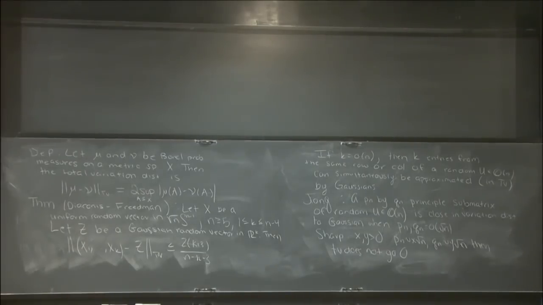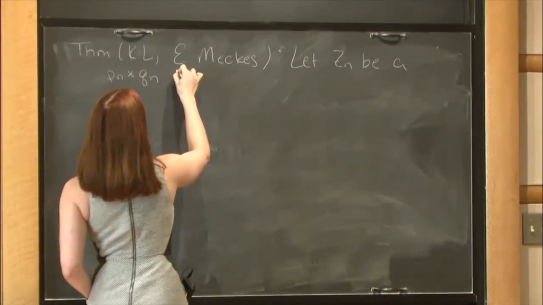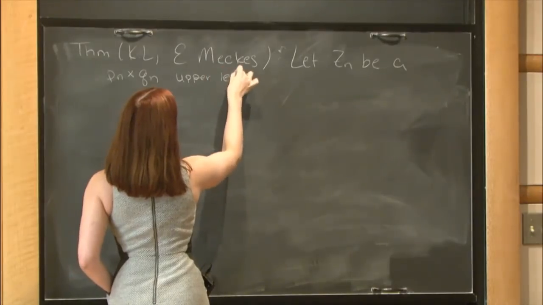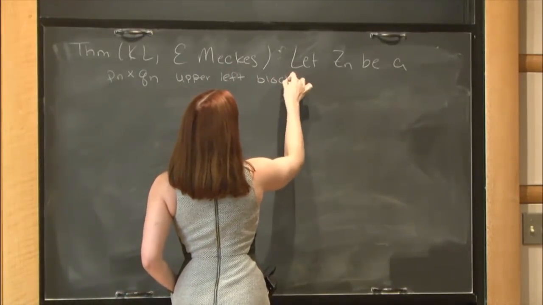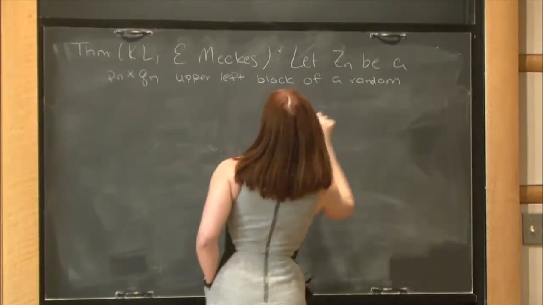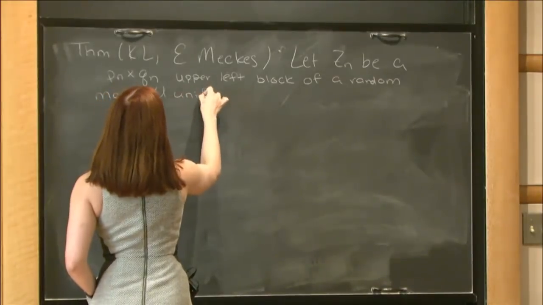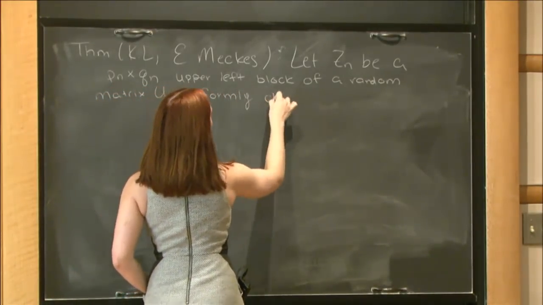And this is due to myself and my advisor, Elizabeth Meckes. Okay. So here, we'll let Zn be a Pn by Qn upper left block of a random matrix U, uniformly distributed on the orthogonal group, so that is distributed according to Haar measure.